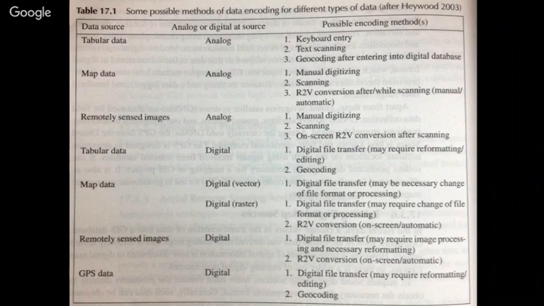In digital raster form also, we can do file transfers and raster to vector conversion. Remote sensing data available in digital form may require image processing and necessary formatting for digital file transfer. Raster to vector conversions can also be done. GPS data, which is available in digital form, can be digitally transferred, and geocoding can also be performed.